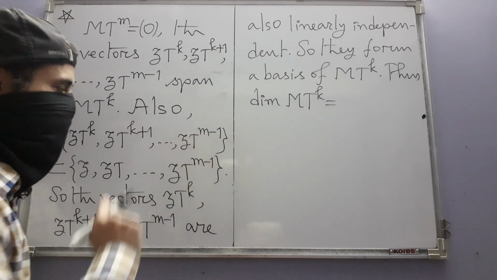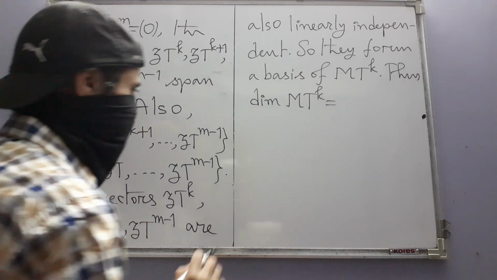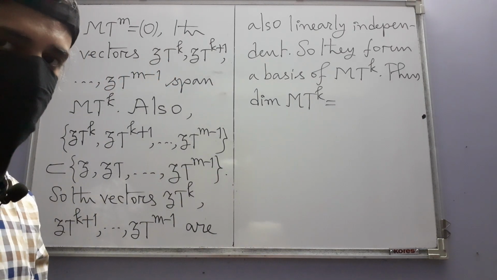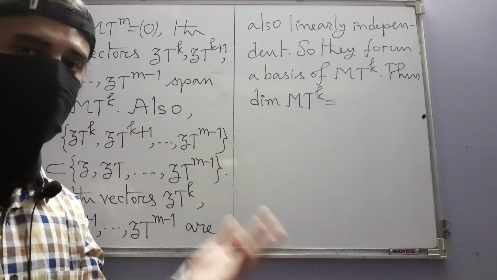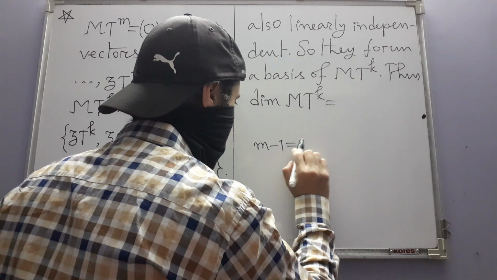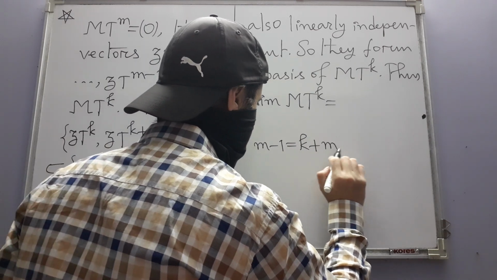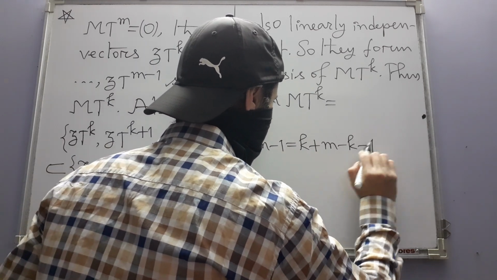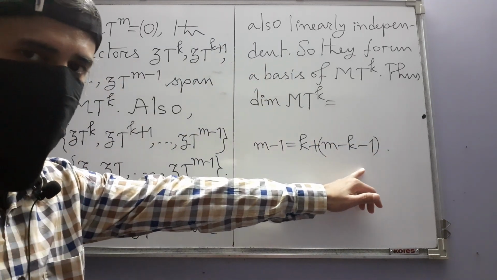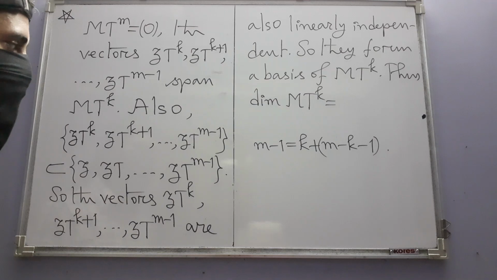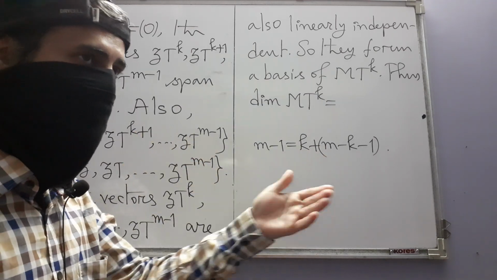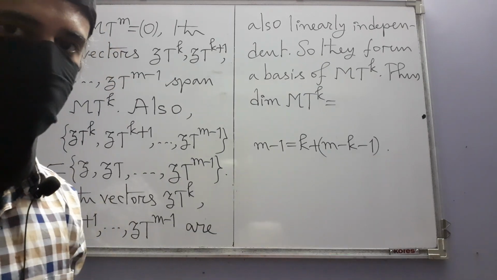So what will be the position of this element? You have to express this m minus 1 as k plus something, because then only it will fall under that counting scheme. Now m minus 1 is k plus m minus k minus 1. We have added a k to compensate for that, we have to subtract k as well. That means the last element in that counting scheme becomes the m minus k minus 1 position element.